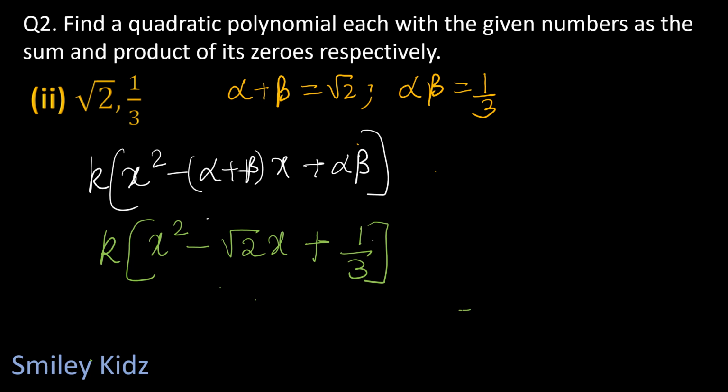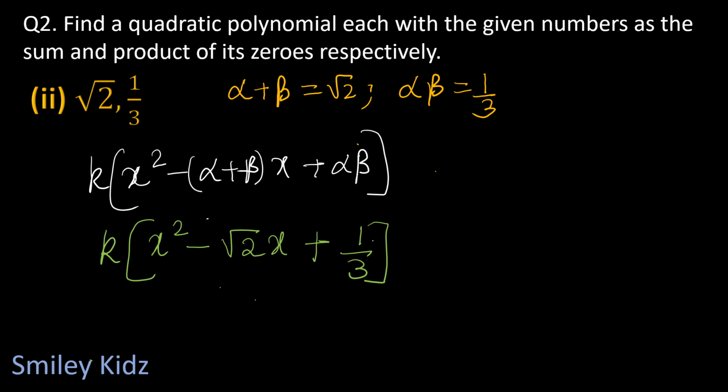Now here I want to eliminate the denominator, which is 3. So I'm going to substitute the value of k as 3 and then multiply this entire equation by 3.